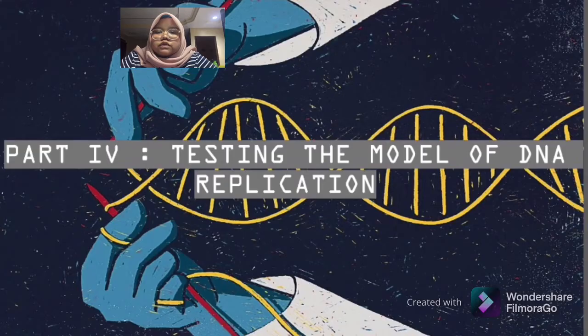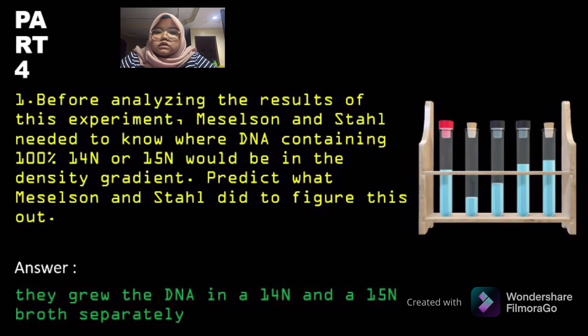So moving to the last part of the case study, the question is, before analyzing the result of this experiment, Meselson and Stahl needed to know where DNA containing 100% 14N or 15N would be in the density gradient. So predict what Meselson and Stahl did to figure this out.